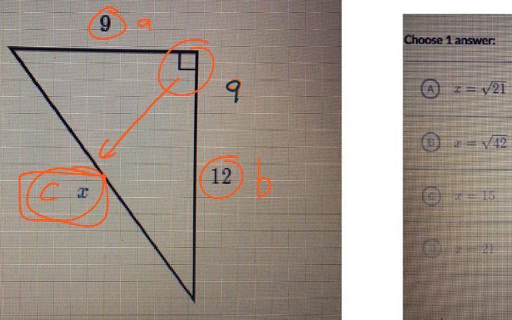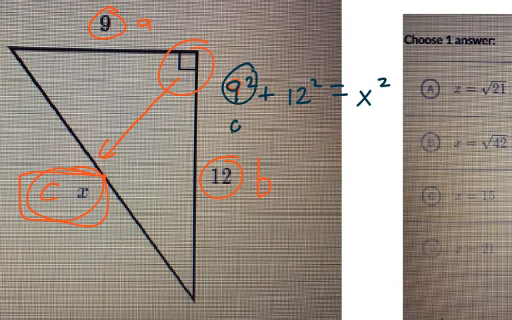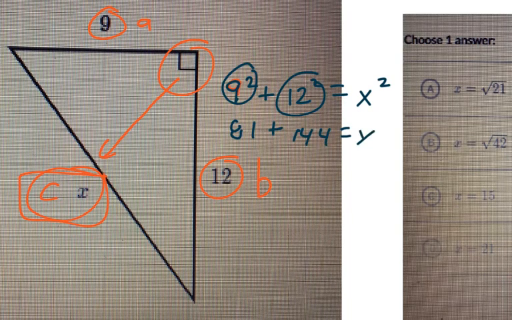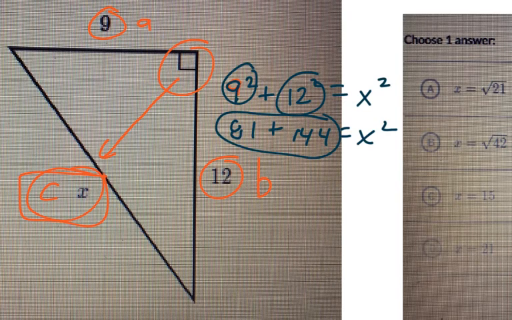A squared plus B squared equals C squared. X being C. 9 squared is 81. 12 squared, 144. Again, that equals X squared. Let's add these together. Let's see here. 1 and 4 is 5. 225 equals X squared.